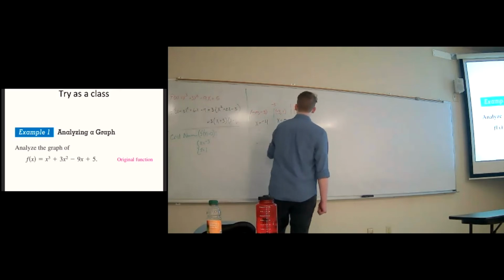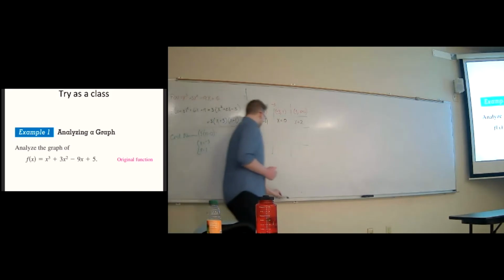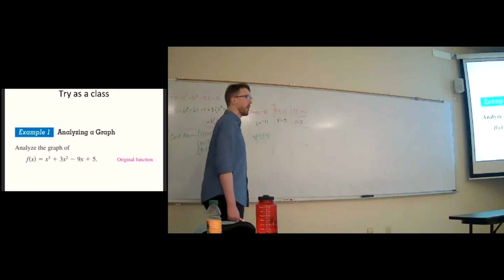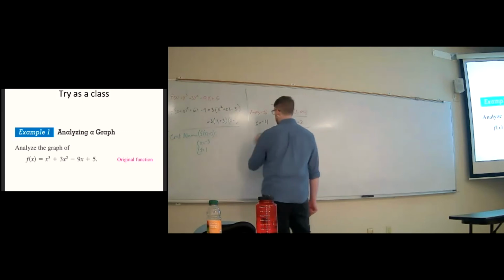And in the far right interval, I'm going to say let's go with 2. So what we're going to have then is 3 times -1 times -5, right? Because all we're doing is plugging in -4 into our first derivative. So that's going to come out to be 15.